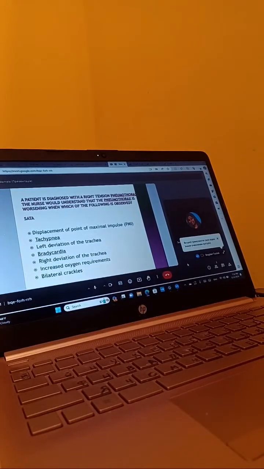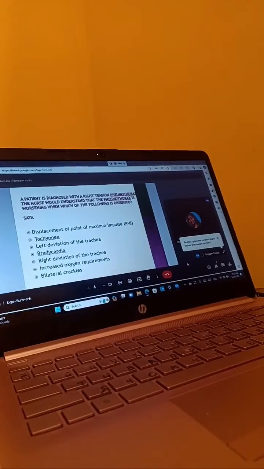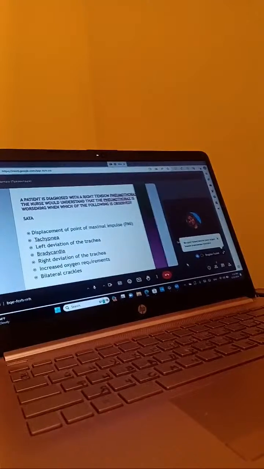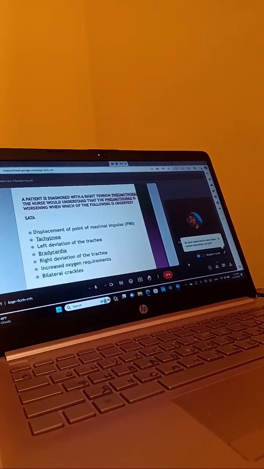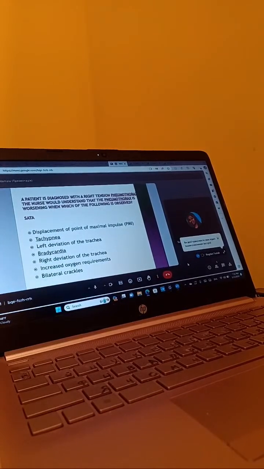Bradycardia: yes, it could be because the heart is also going to that side and cannot pump properly now, so the patient is getting worse. Right deviation of the trachea: no, because it's a right tension pneumothorax, it should push it to the left, not to the right.